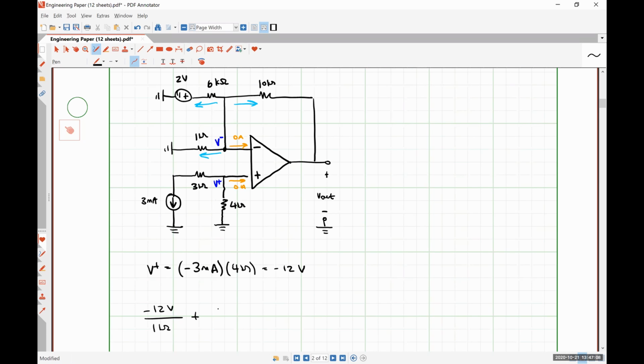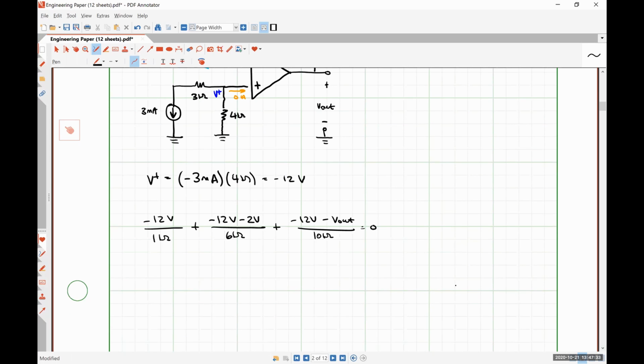Negative 12 minus 2, thank you. What's the current flowing to the right through the 10 kilo ohm resistor? And now we can simply solve this for V out.